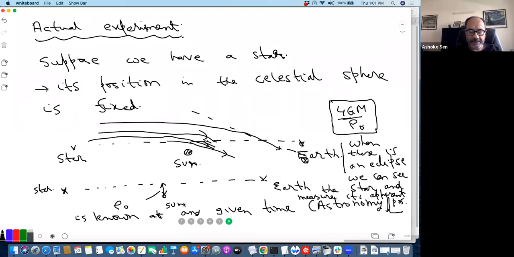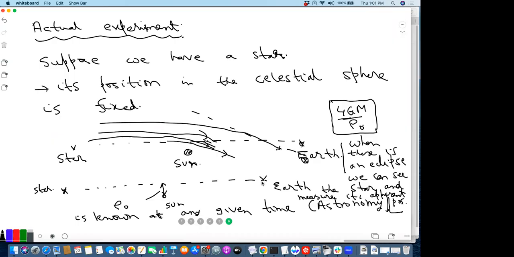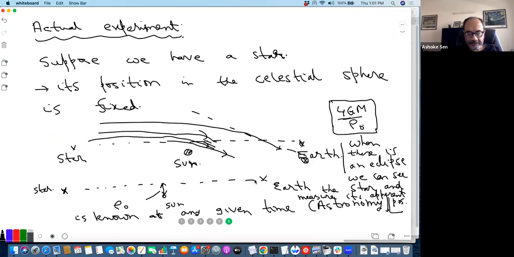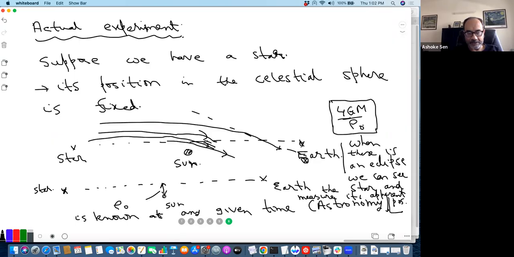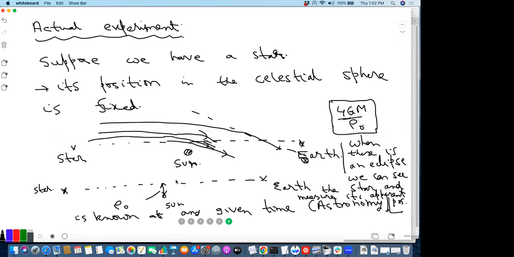Rho zero is known because the positions of the star and the sun in the sky are very well understood from astronomy. So we know what the path of light would have been and how far the sun would have been from that path. We can predict what this rho zero is from astronomy. You don't really need any separate measurement.